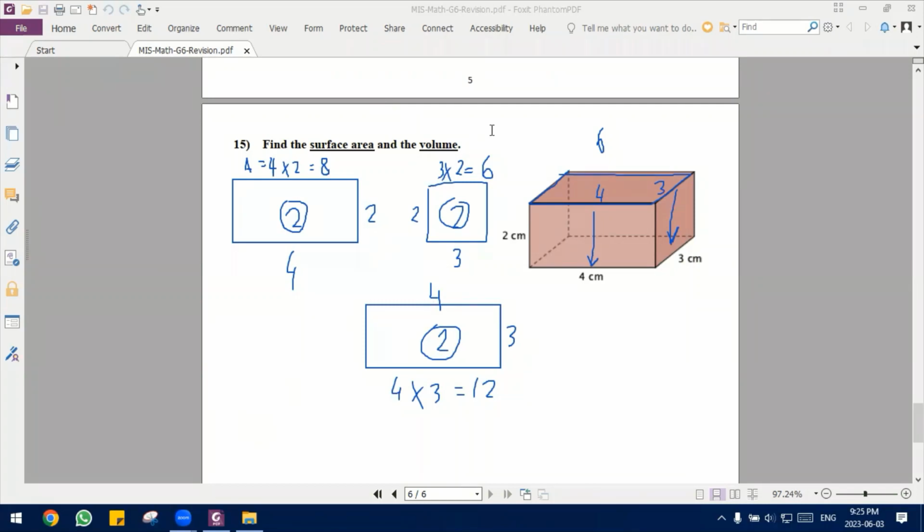Now we write the surface area. The surface area is equal to, I have two faces from the front, which is 8, plus two faces from the sides, each one of them is 6, plus two faces, top and base, each one of them is 12.